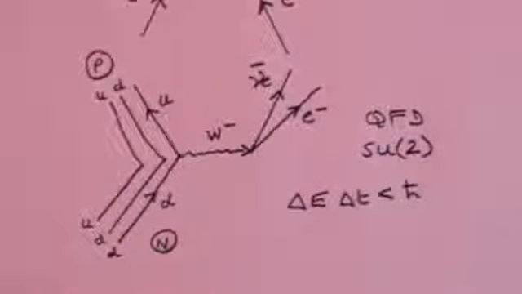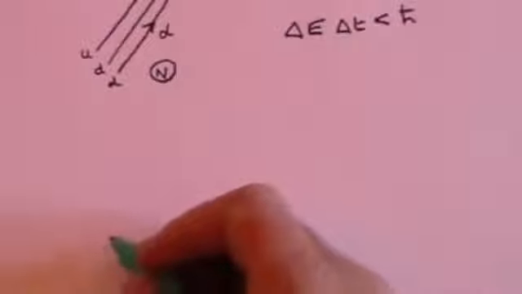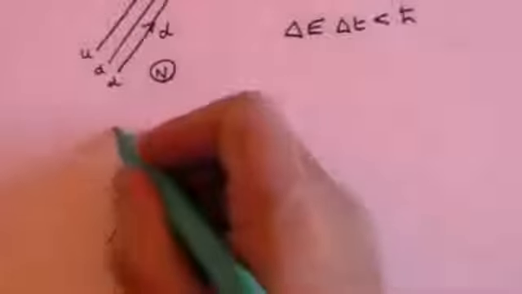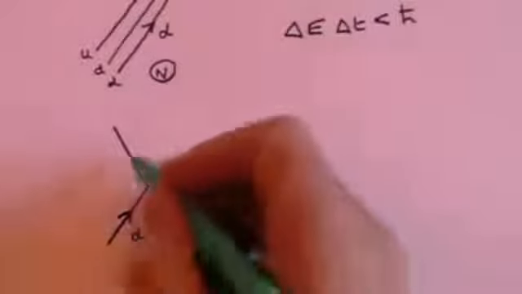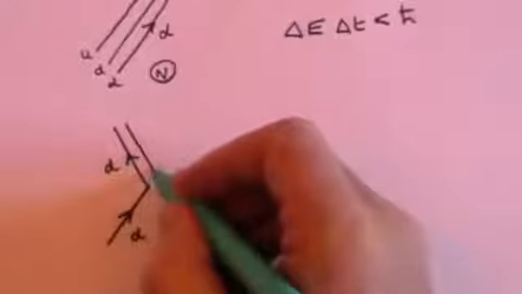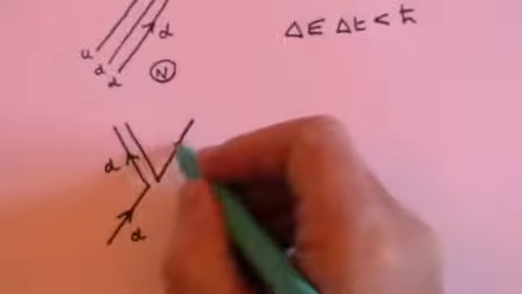Let's just look at this process of the down changing to the up via the emission of a W minus particle in a little bit more detail. We could represent that as saying that you start with a down, which stays down, and then you have an up, anti-up creation out of nothing.